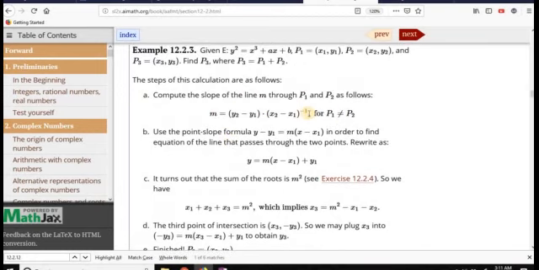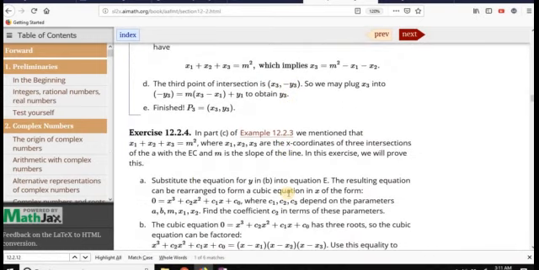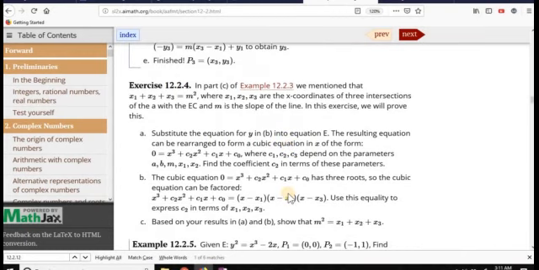You compute the slope, and then you use the point-slope formula to get the secant line, and then you do some other algebra to get the point of intersection, and then you reflect.